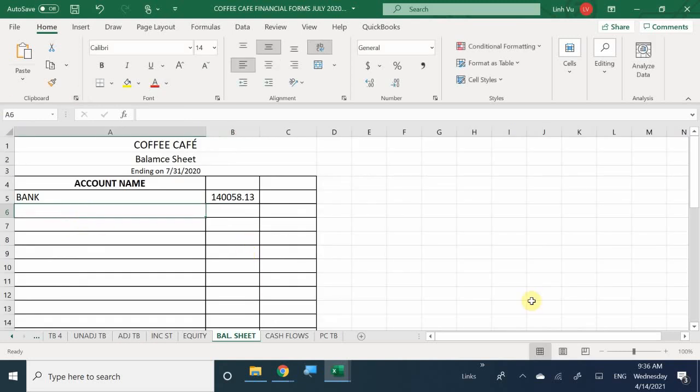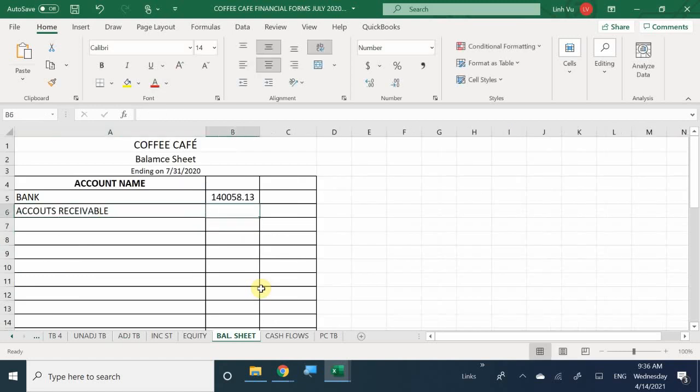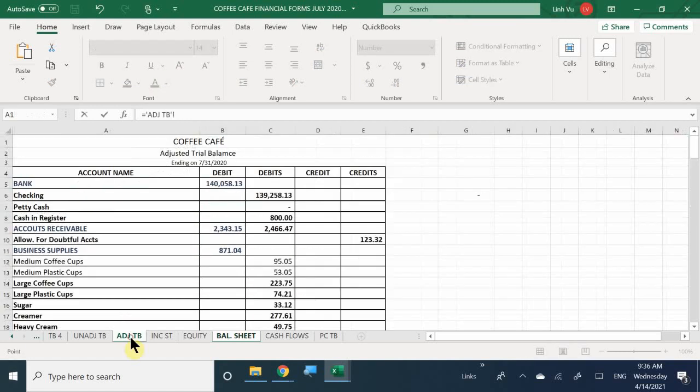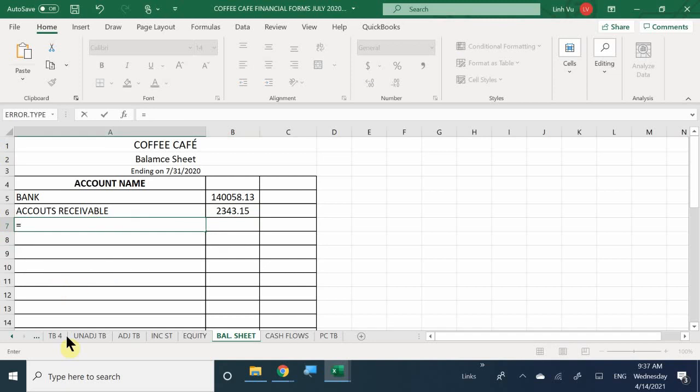Good. All right, what's my next asset? Accounts receivable for what balance? 2,243. Good. All right, what's my next asset?